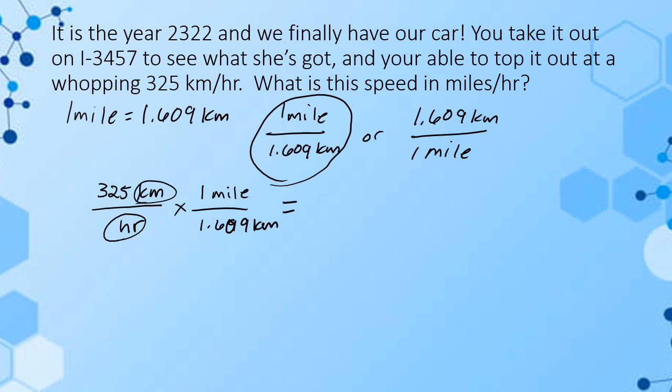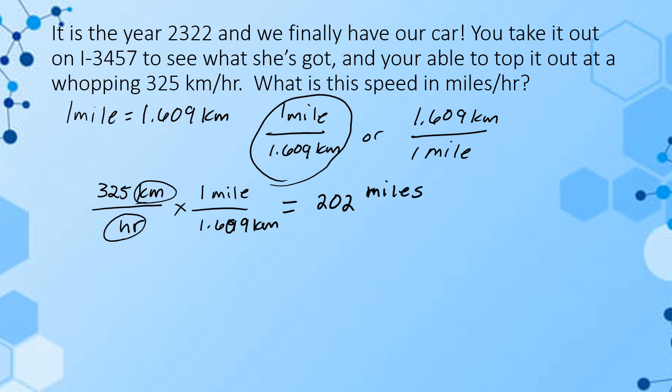And so our work there tells us that if we take 325 times 1 and divide it by 1 times 1.609, it essentially is the same thing as 325 divided by 1.609. And so that comes up to 202 miles, excuse me, not kilometers, we've canceled out kilometers.